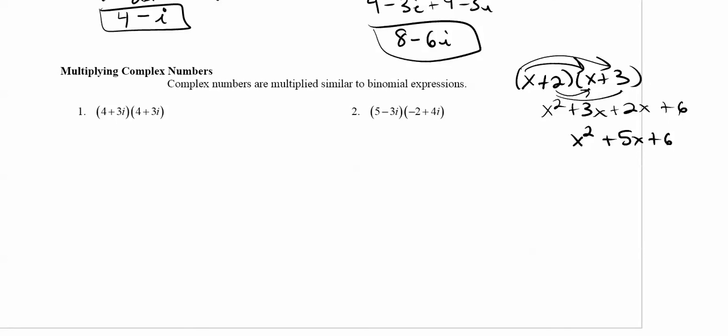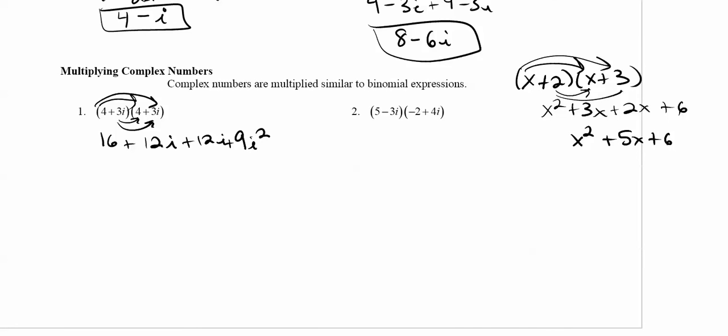Well, I'm going to do the same thing over here. And so I'm going to multiply the first term, so that would be 16, and then the outside terms, so plus 12i, and then the inside terms, so that would be plus 12i, and then the last terms, and so that would be 9, so plus 9i squared.